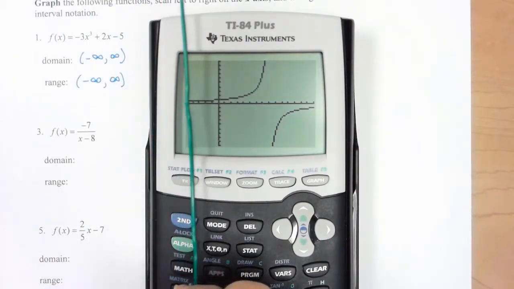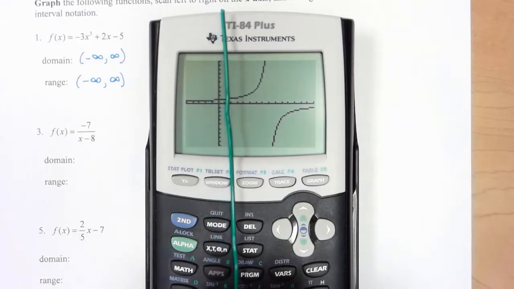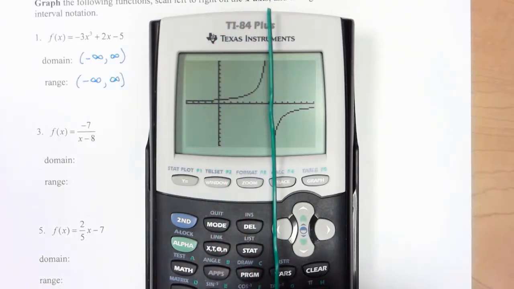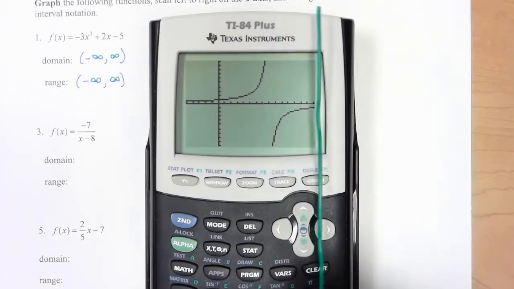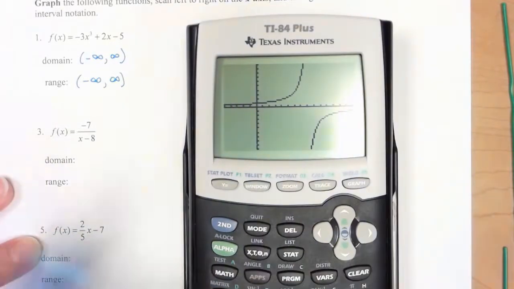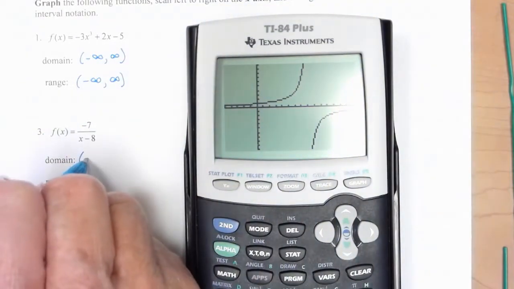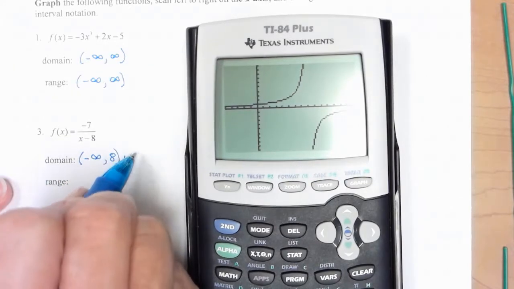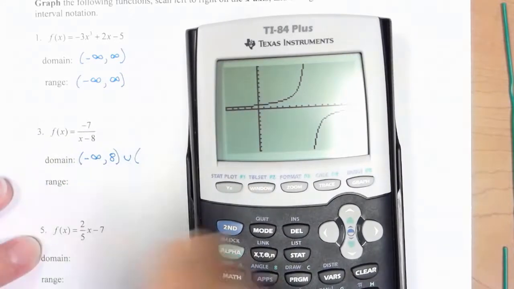But I've got negative infinity. I'm indicating the x values that are being used all the way up to almost 8 but not including, and then picking back up after that and going to positive infinity. So my domain, I've got negative infinity up to 8, and remember, parentheses means I do not use it.